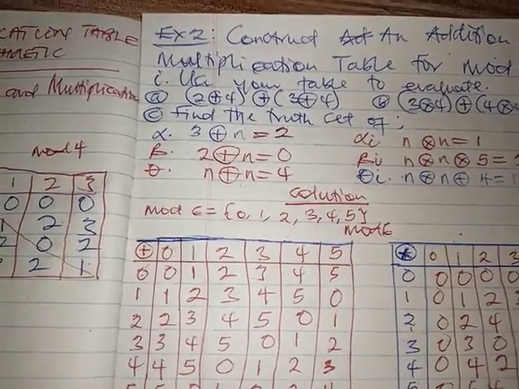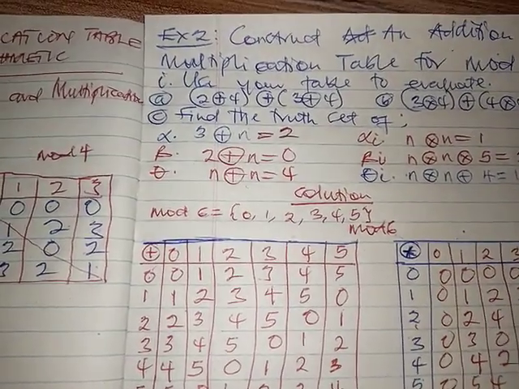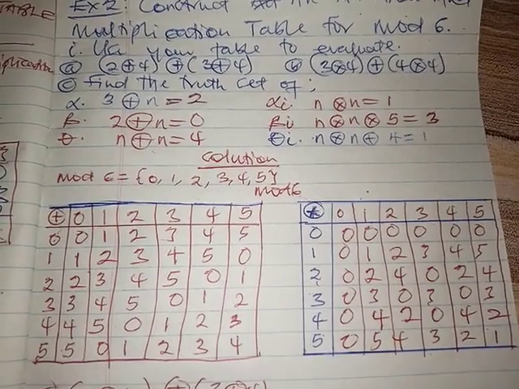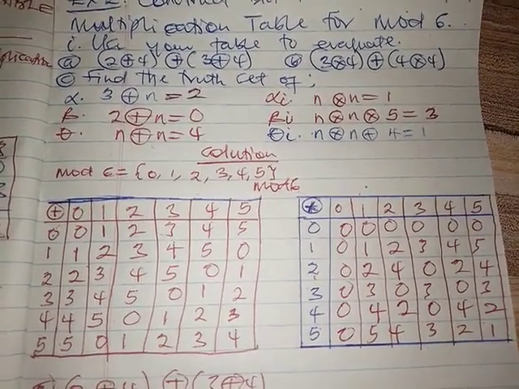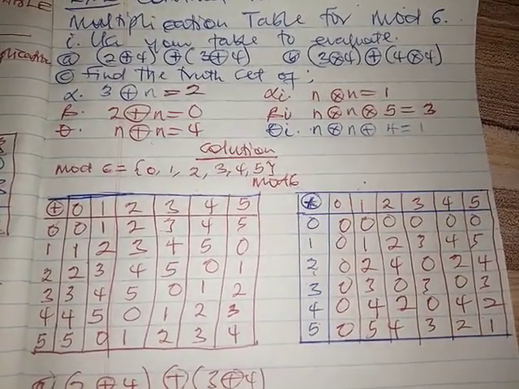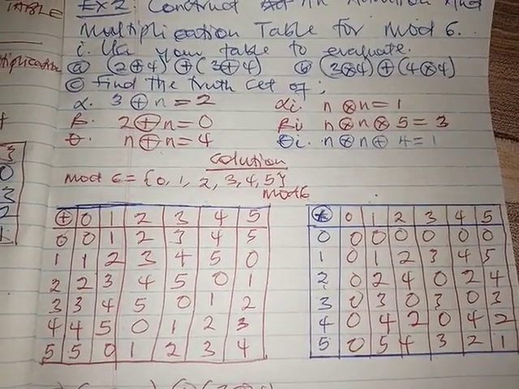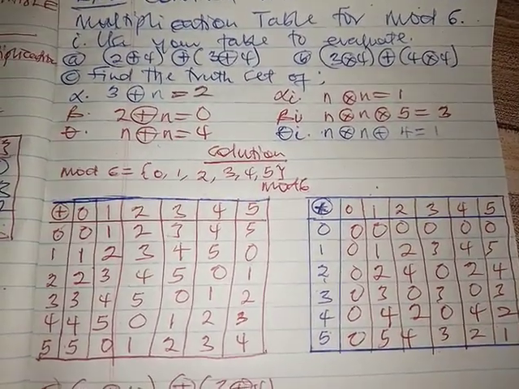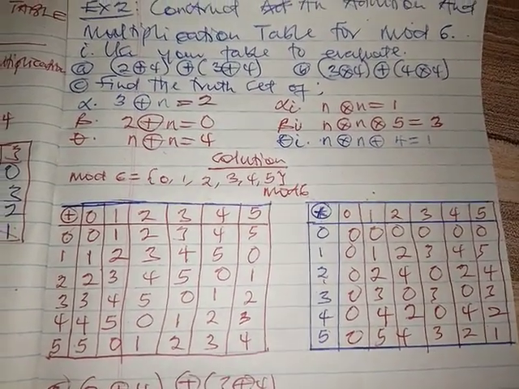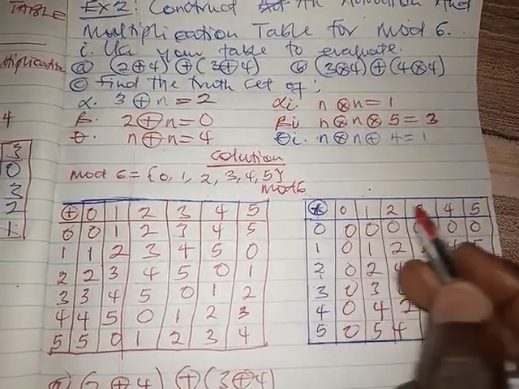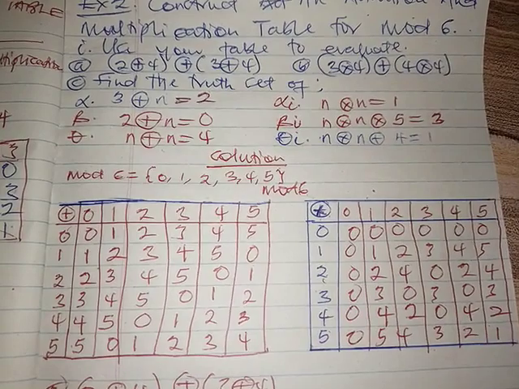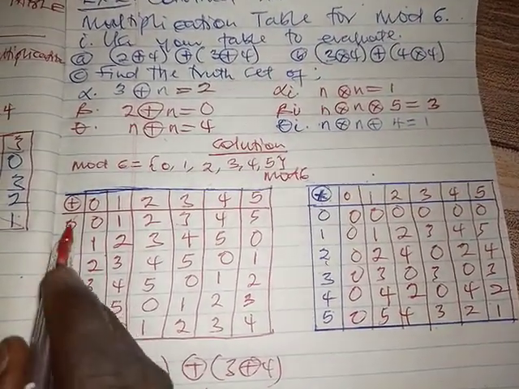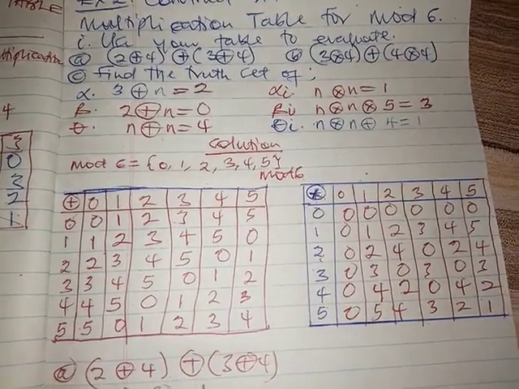So the answer to this problem is 1. That's for the A. Now let's look at the B. The B is 3 times 4 plus 4 times 4. 3 times 4 is 0. And 4 times 4 is 4. And 0 plus 4 is also 4.